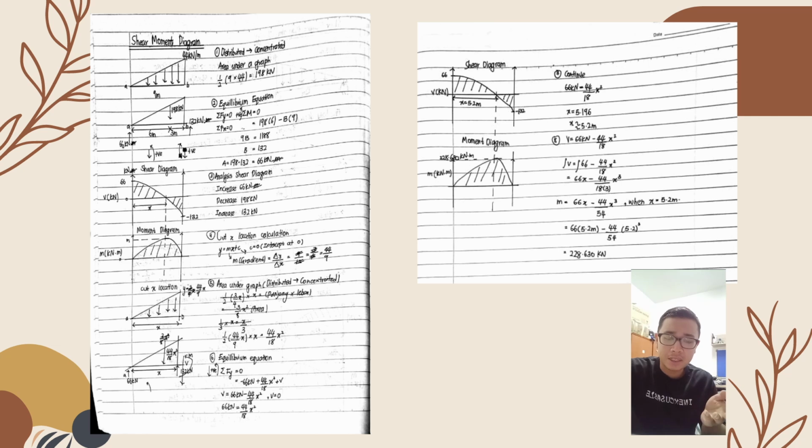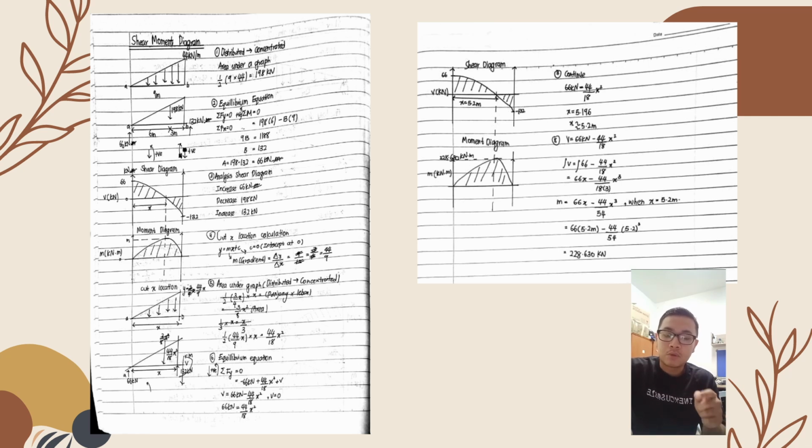For the shear diagram, we just need to make the diagram based on the concentrated load drawing that we have already made. The first point is it is increasing by 66 kilonewton, then it decreases by 198 kilonewton, and it increases back by 132 kilonewton.